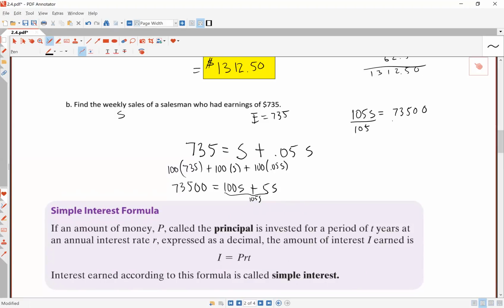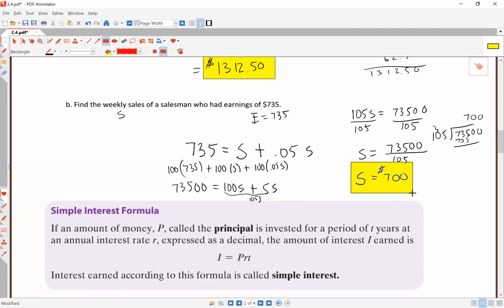We divide both sides by 105, and we get S is equal to 73,500 divided by 105. So this time the weekly sales were $700.